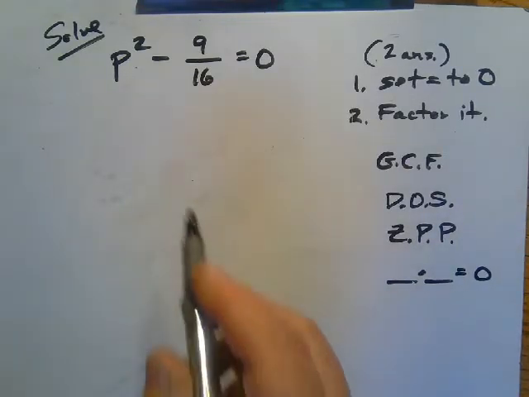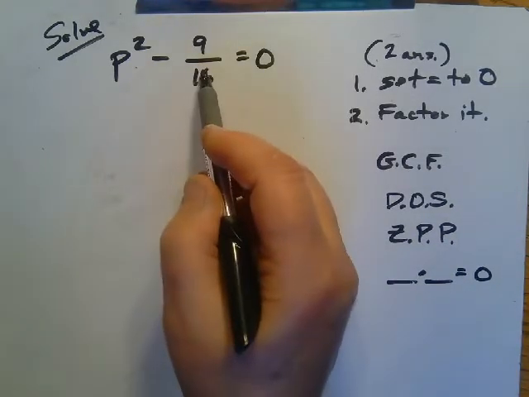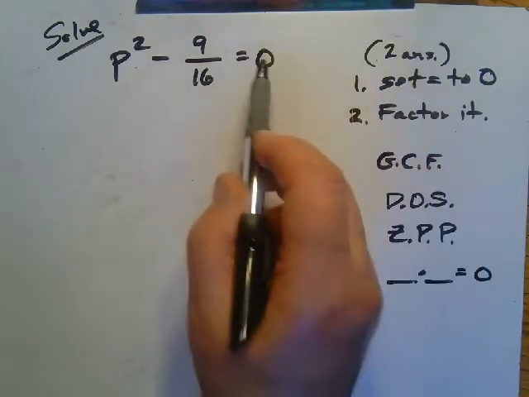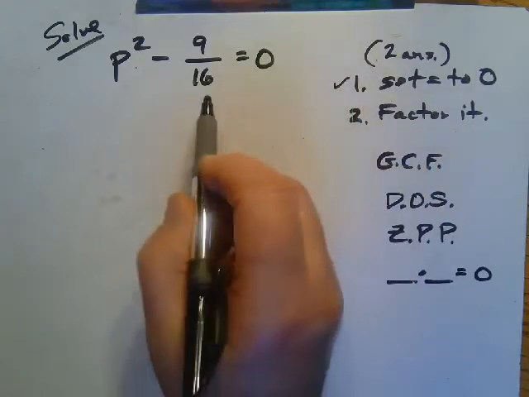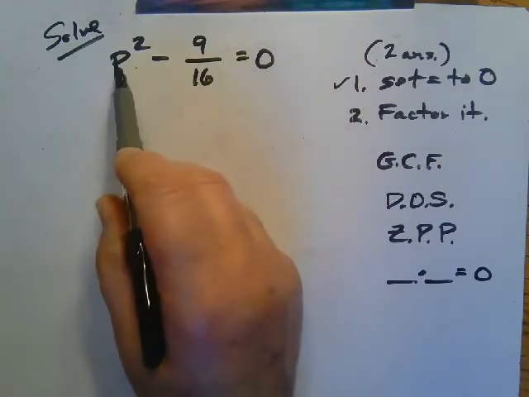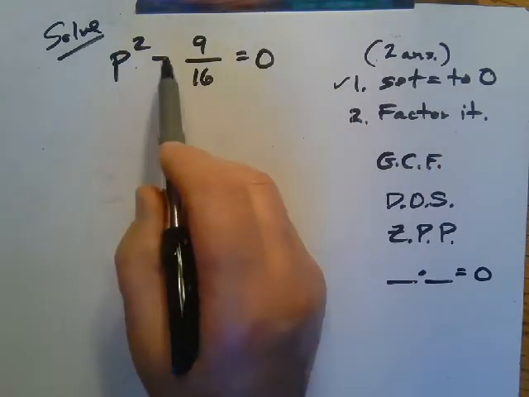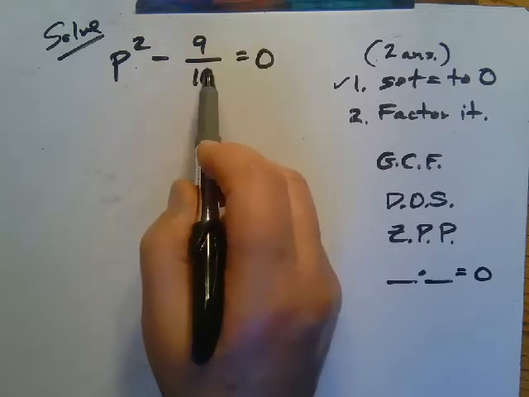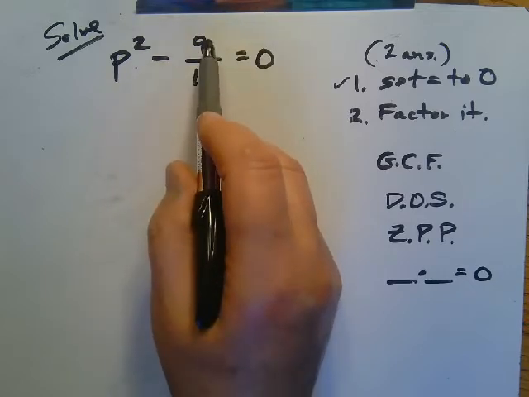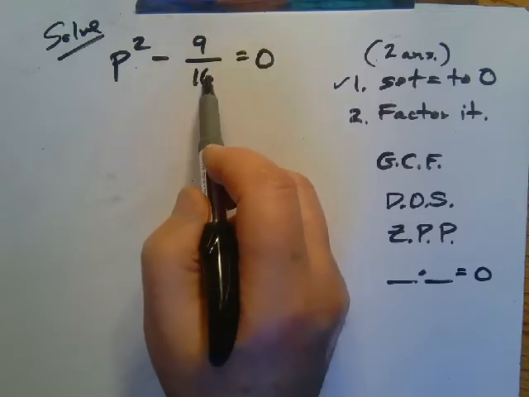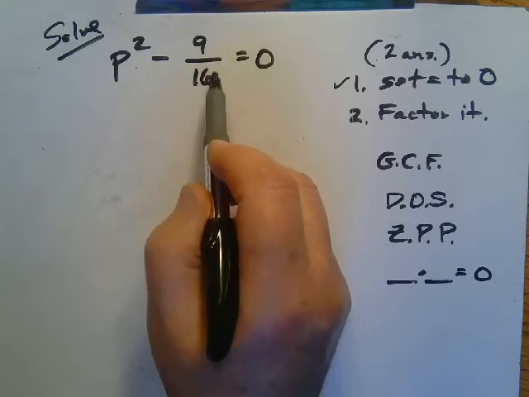Now as I look at this, I realize it is set equal to 0, so that's already done. Check that off. And then I look at this and realize, that's a perfect square, and that's the difference. Is that a perfect square? Well, 9 is, and 16 is. What's the square root of this?